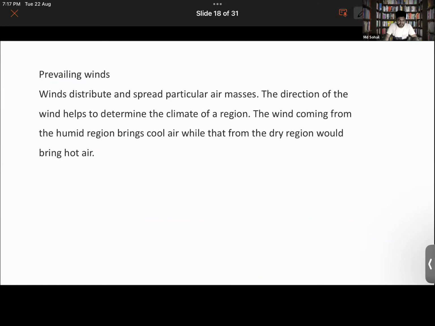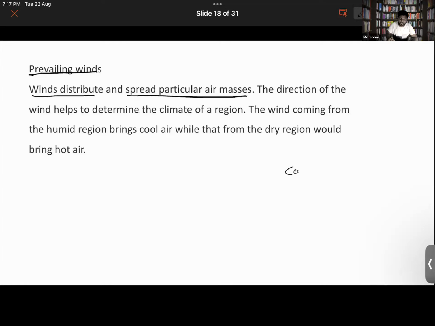Okay, good. Now the prevailing winds, what are these here? Look, we know that winds distribute and spread particular air masses. The concept of weather fronts we talked about in our previous class. The weather fronts are basically due to different densities of air.